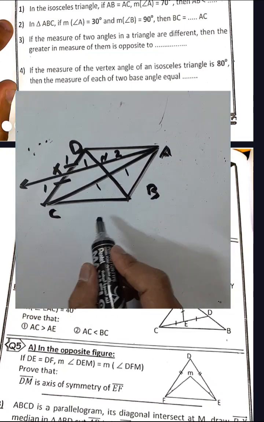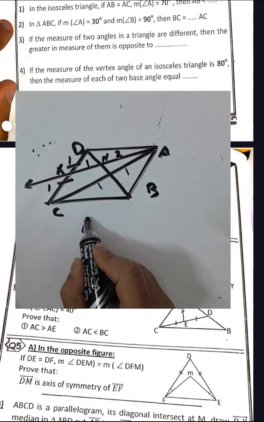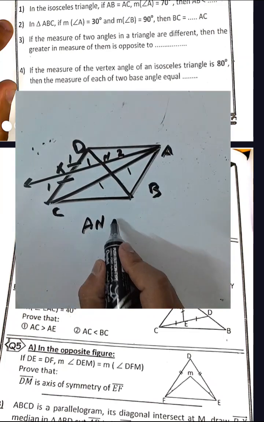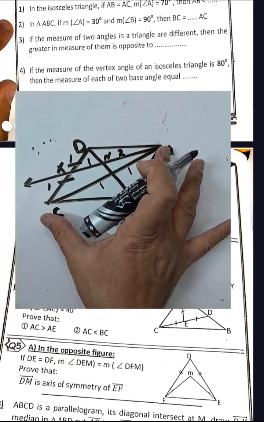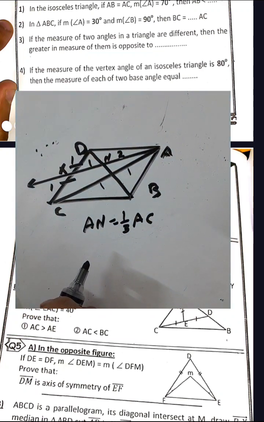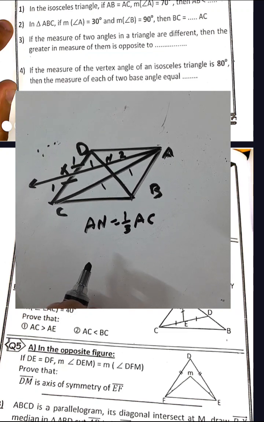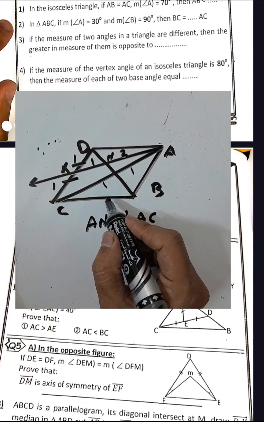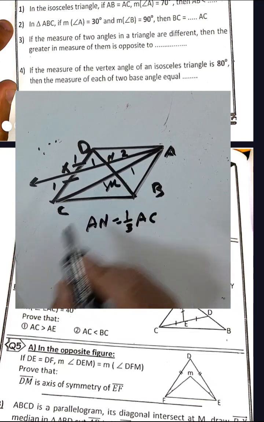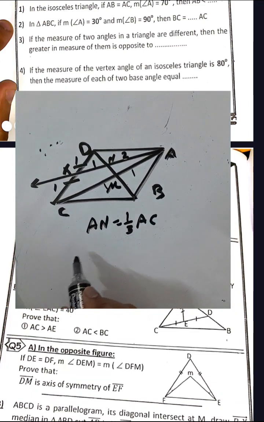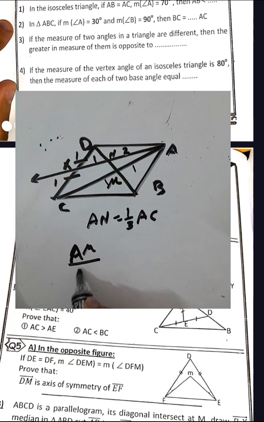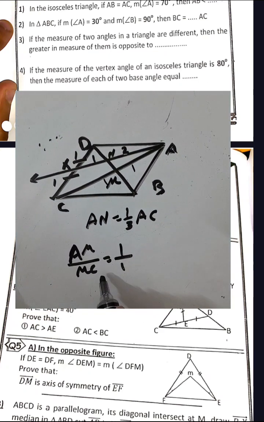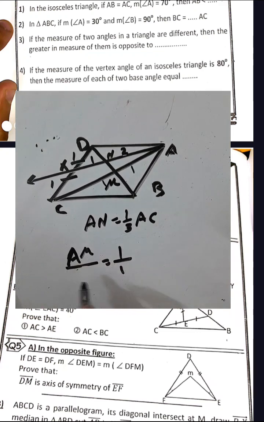He wants to prove that AN equals a third of AC. We have the intersection point M here. Okay, we have the ratio between AM and MC: AM over MC will be 1 and 1, or AM and AC, 1 over 2.